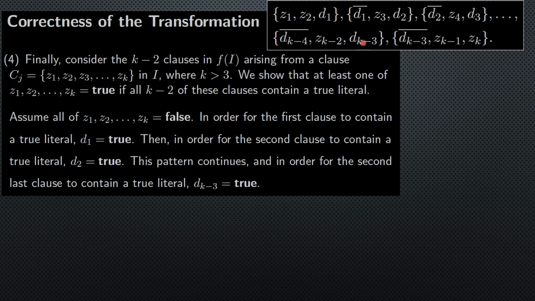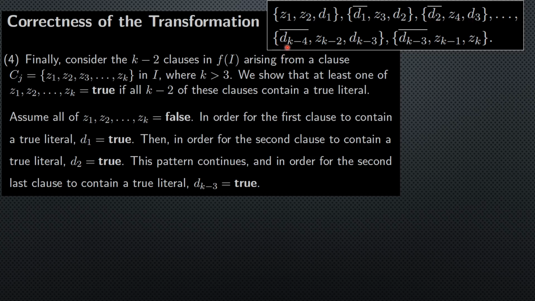All of the Z's are false, so this clause has to be satisfied because we've said this is a yes instance of 3SAT. So even though Z1 and Z2 are false, this clause has to be satisfied, so D1 must be true. But then for this clause to be satisfied, D2 must be true. And for this clause to be satisfied, D3 must be true.